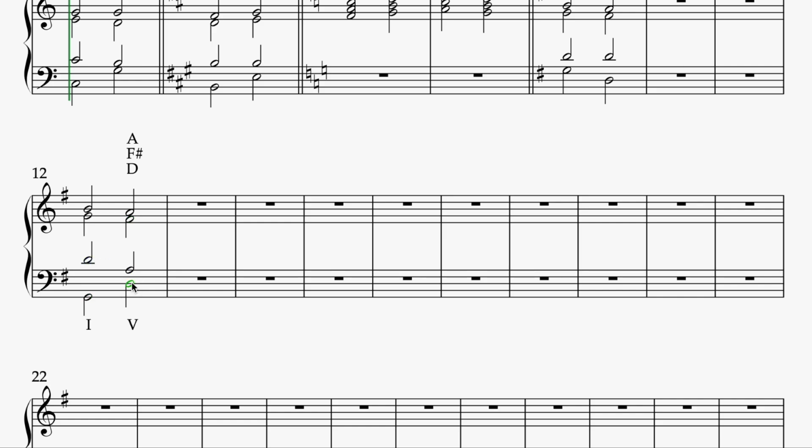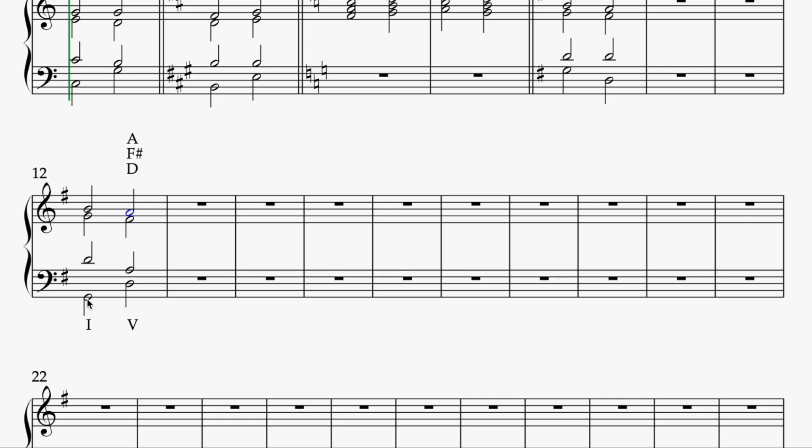Were any 2 of those the same? Yes, down a second, but they are a third apart. G to B and F sharp to A, they're a third apart. So they are fine. Consecutive or parallel thirds is totally fine.